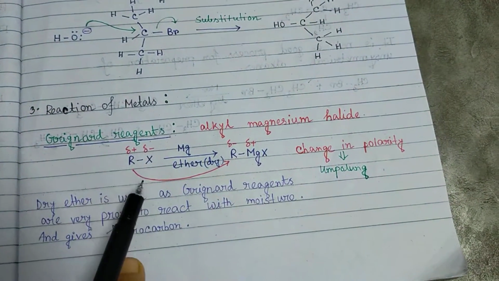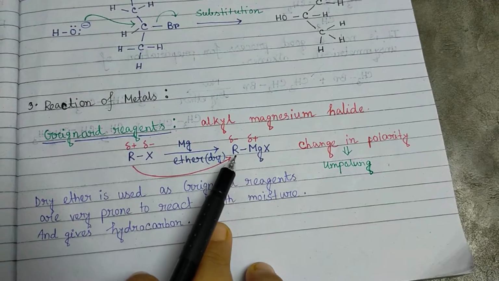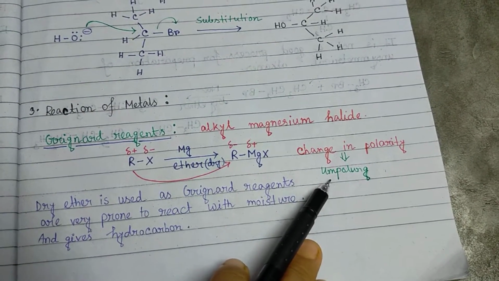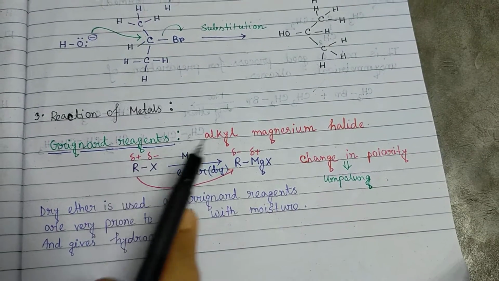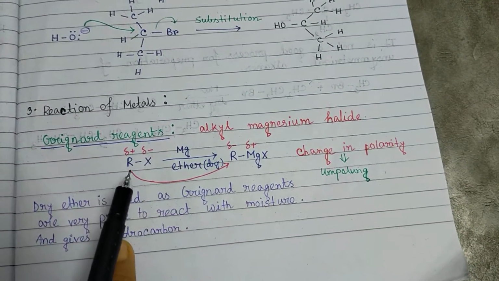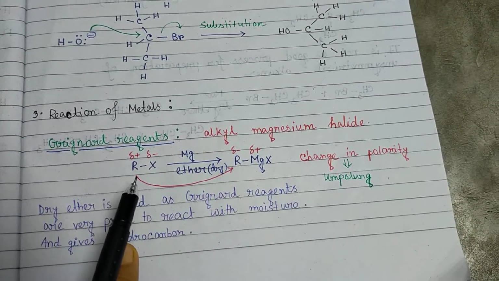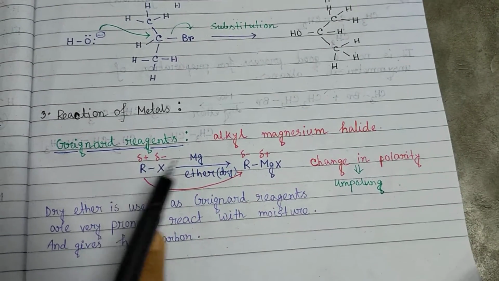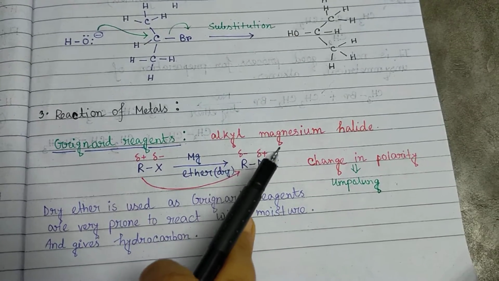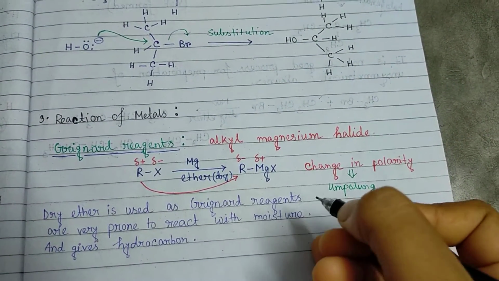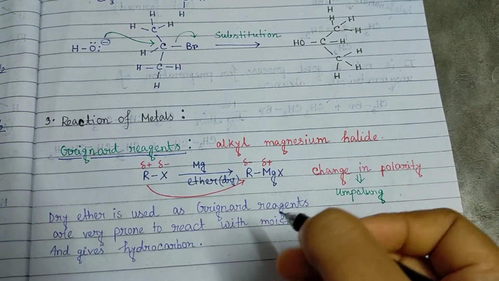So here we can see that there is a change in polarity of the alkyl group. This is known as umpolung, and the carbon has been converted into a nucleophilic center from an electrophilic center. This polarity change makes the Grignard reagent a very useful reagent for organic synthesis reactions.